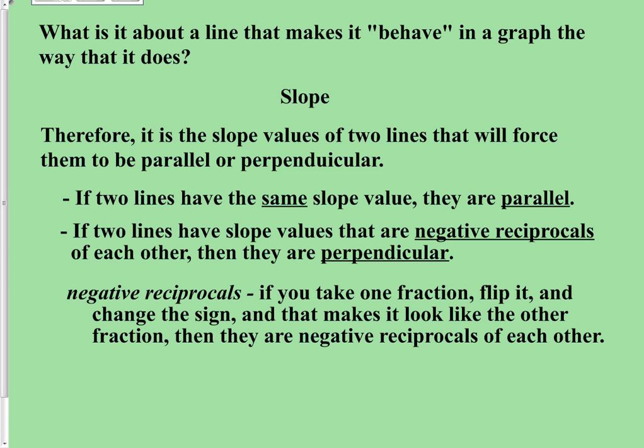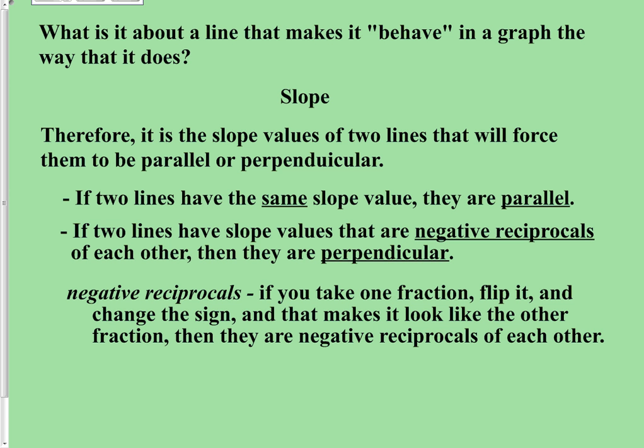So if two lines wanted to be parallel in a graph, meaning that they are never going to intersect each other, that means they are behaving exactly the same way. They must be rising and running at exactly the same speed. So in order to be parallel, two lines are going to have the same slope values. In order to intersect, all they need is different slopes.